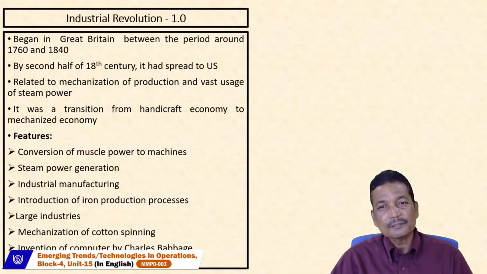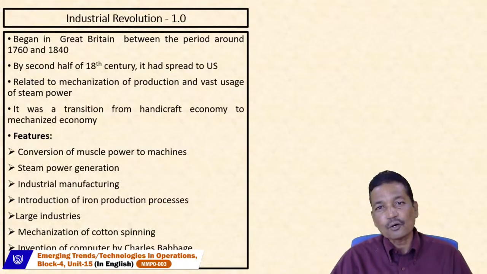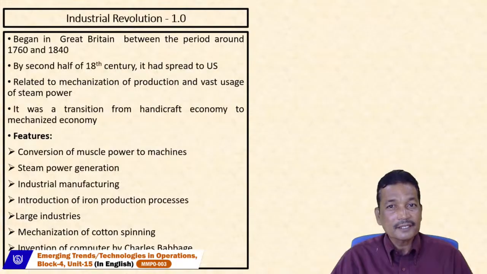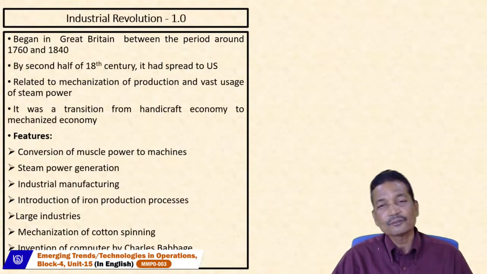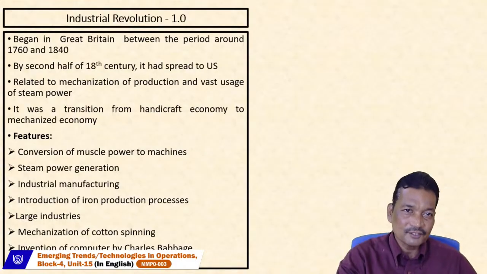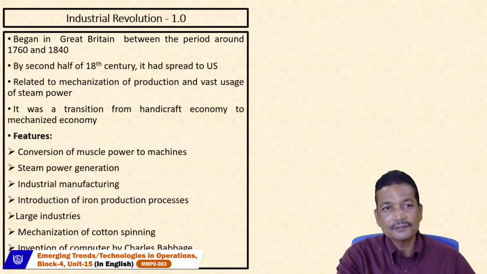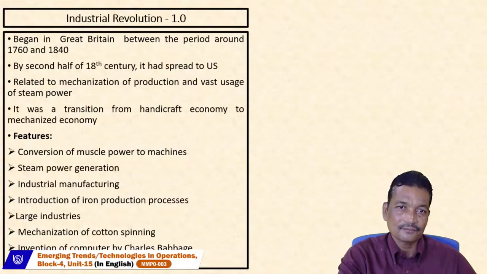Even though the machines were very large, complex, and not easy to handle, it laid the foundation for the advancement of computers into the future. So these are some of the features of Industrial Revolution 1.0. Let us see what happened next.